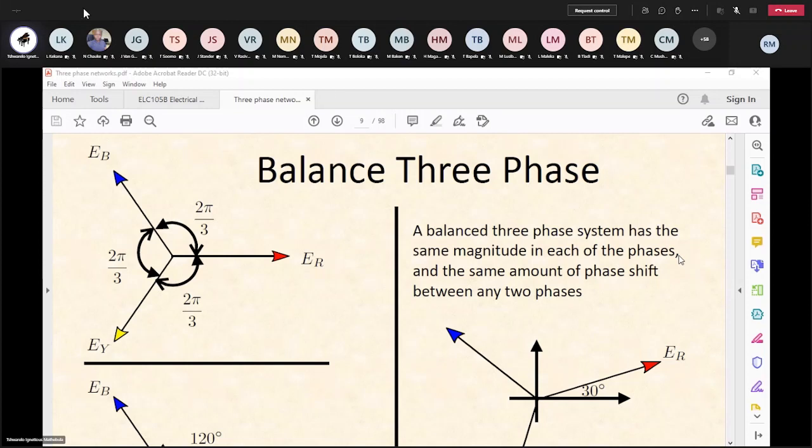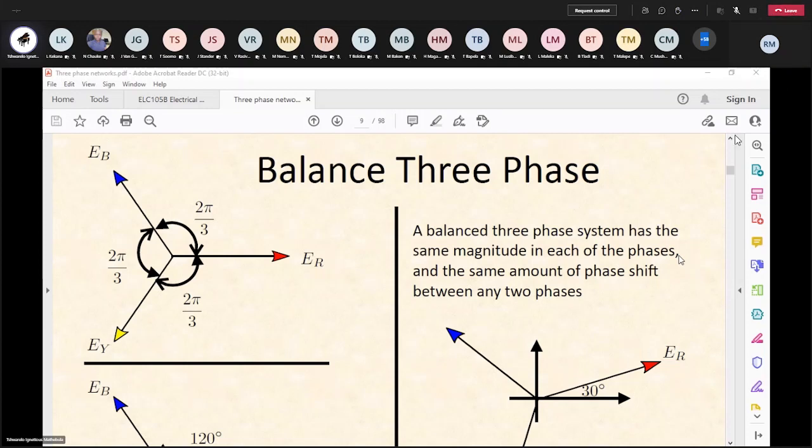Let's call them ER, EY, and EB. So they are connected in this form. This is what you call a delta or a pi connection, pi as in pi like this, right?